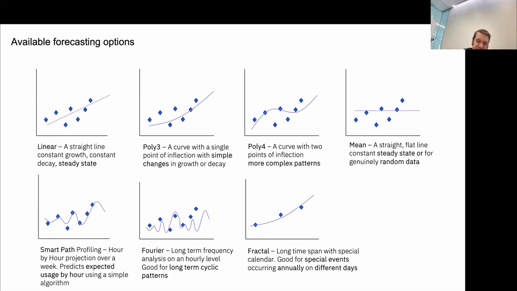We also have capabilities that we refer to as a fractal approach, and that can be used for grouping certain unique events together. Think of things that you might want to group together because they represent a certain profile for your business, like Black Friday or the Lunar New Year or some other holidays.